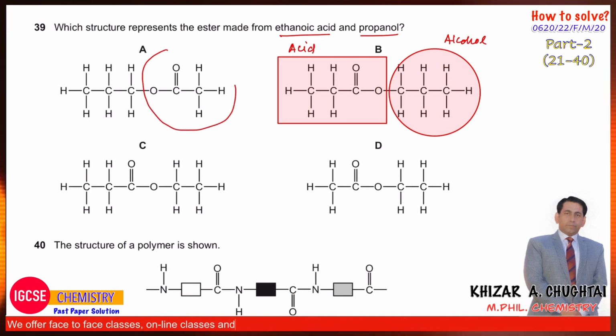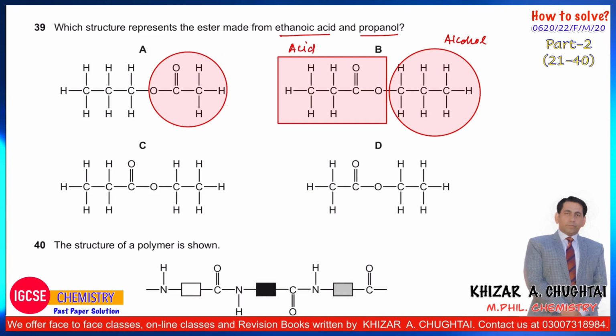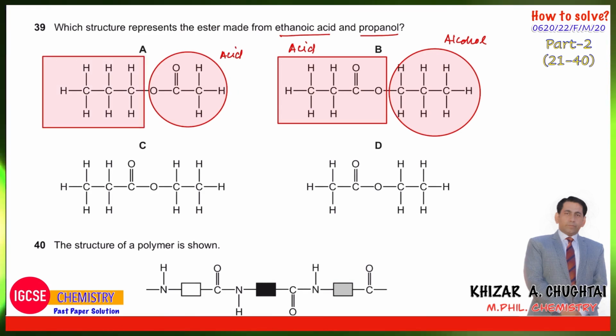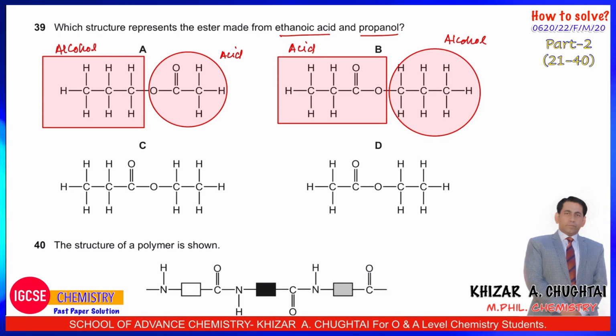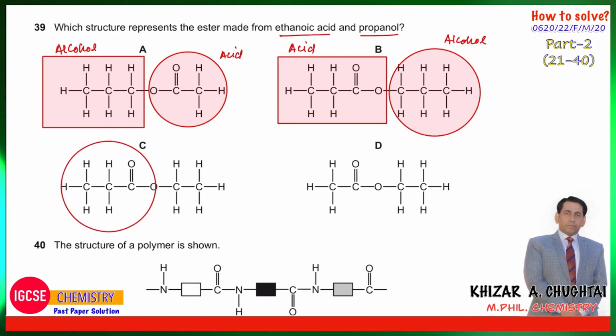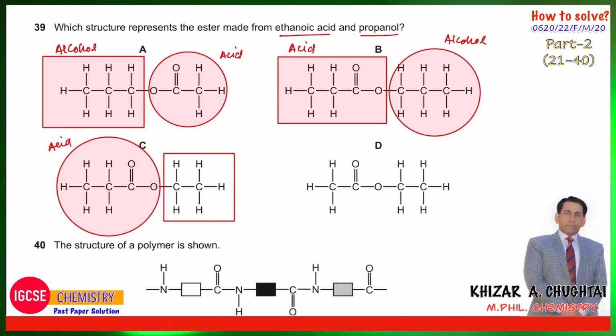In this case, I'm cutting the bond at the C-O bond, and this portion is coming from the acid and this portion from the alcohol. Again, I'm cutting this molecule at the C single bond O so that both oxygens are on one side, from the acid, and the other portion is from the alcohol.